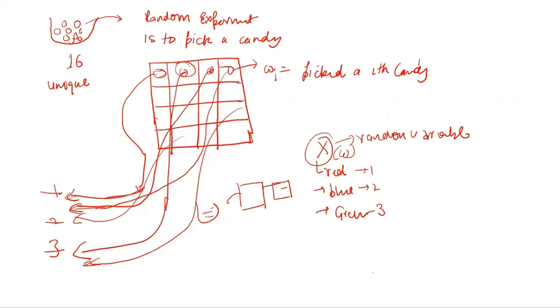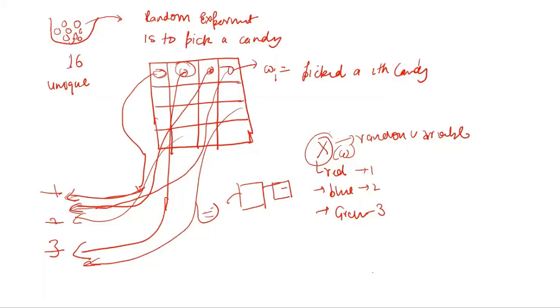Instead of looking at the actual candy, you will just see one of the numbers 1, 2, 3, and that somehow denotes the outcome. At least you will be able to tell that if 1 has occurred, only those outcomes will have occurred where the candy is red, right? So you have some information about what candy may have been picked, although you don't know the exact outcome, right?